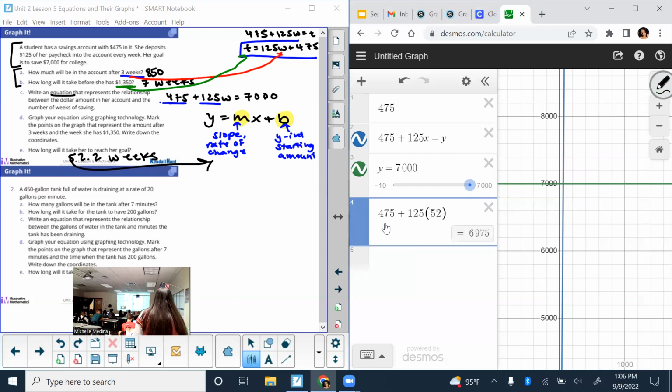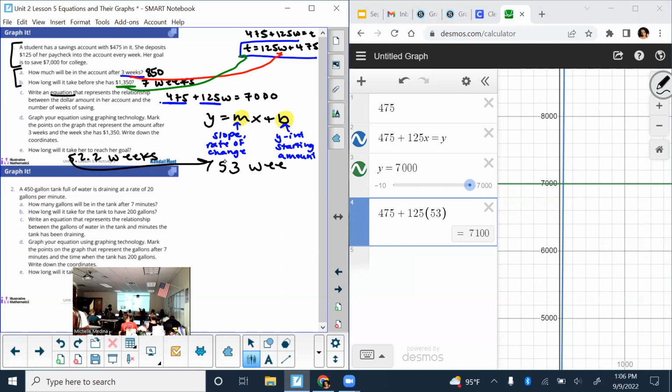Is that enough for her college? No. So even though that would be normal rounding rules, she doesn't actually have the 7,000 yet at 52 weeks. So if it wants a whole number, you would have to round up. And at 53 weeks, she has more than enough. Questions on that?